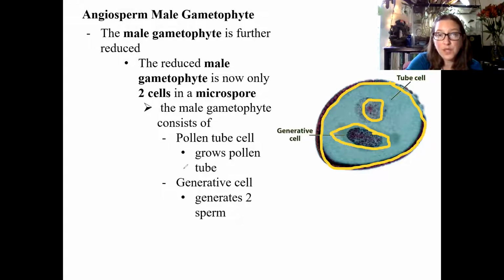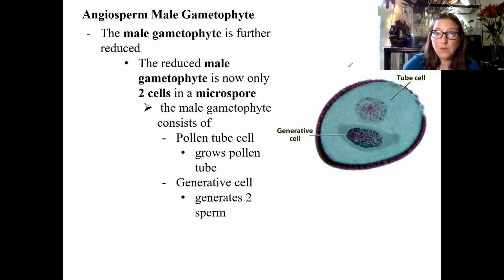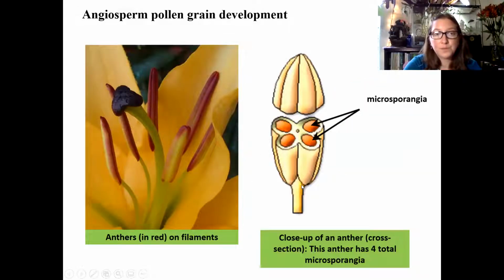The pollen tube cell is going to grow a pollen tube down the style of the pistil, or carpel. And once that pollen tube grows down, this generative cell is going to generate 2 sperm that will each be fighting to fertilize the egg.